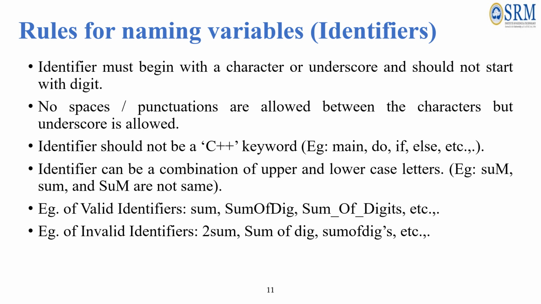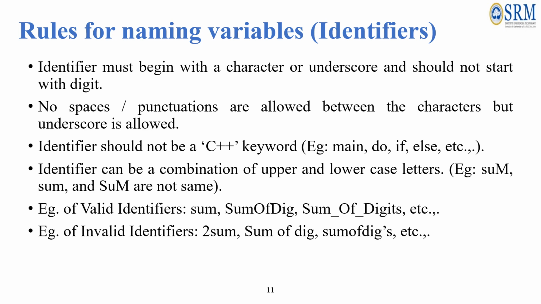No spaces or punctuation are allowed between the characters; only underscore is allowed. Identifiers in C++ should not be reserved keywords like main, do, if, else, enum and so on. Identifiers can also be a combination of lowercase and uppercase characters.